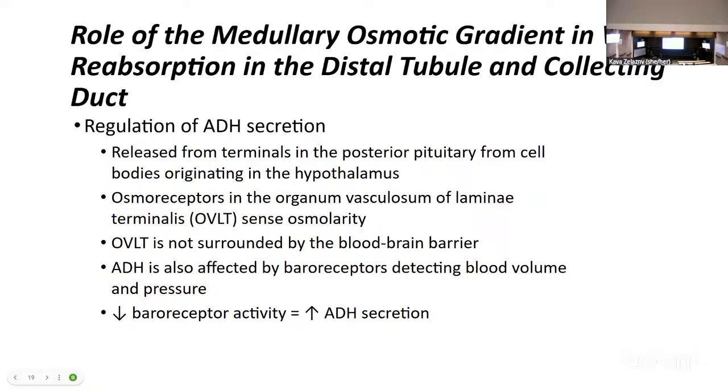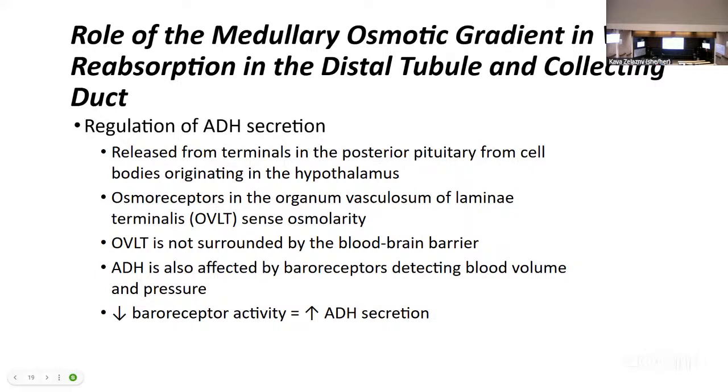Okay. So we have these osmoreceptors in your OVLT region. So you can think of them as kind of like taste testing your blood as you're looking at the brainstem, sensing its osmolarity. So sensing basically how concentrated it is, how many solutes we have relative to the amount of water.